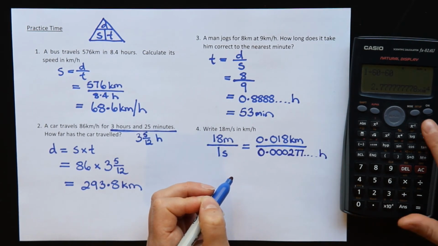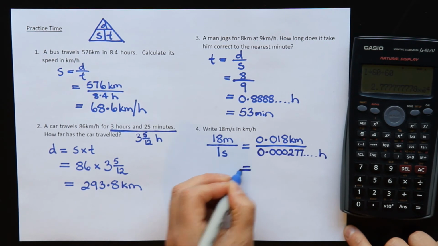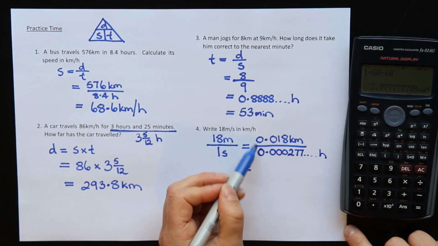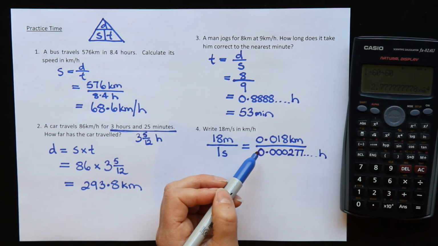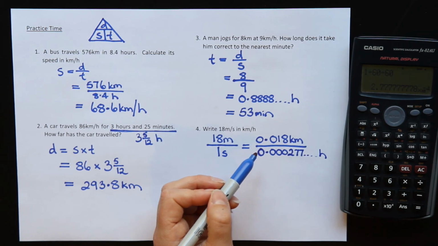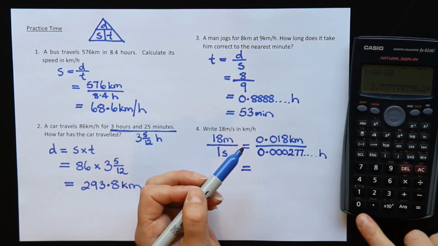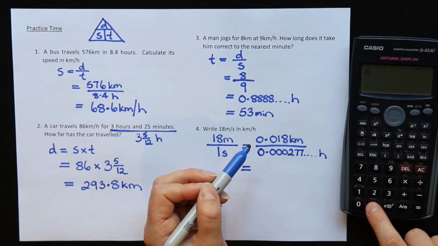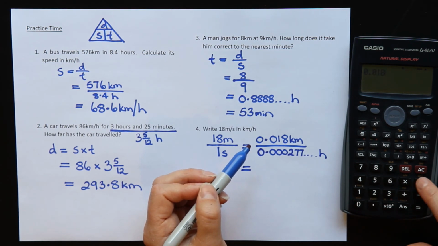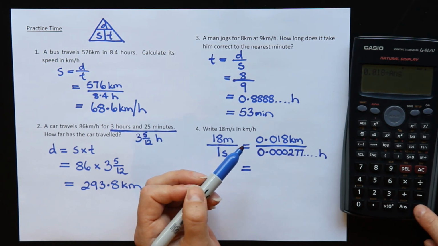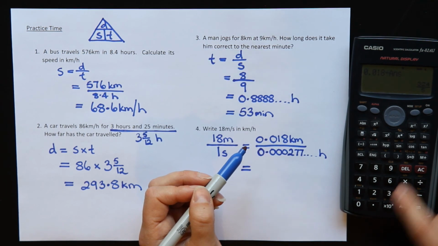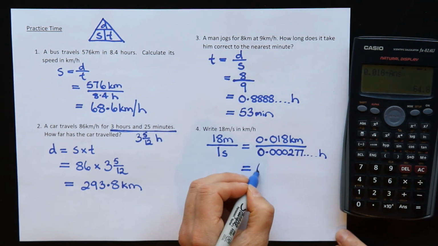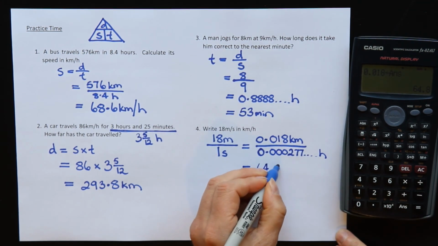Now keep that number in your calculator because I still need to use it to divide these. And it's better to have the exact answer in your calculator, otherwise you get some little rounding errors. So we type in 0.018, and on my calculator I can type divide by answer to use my last answer from the calculator, and that will equal 64.8.